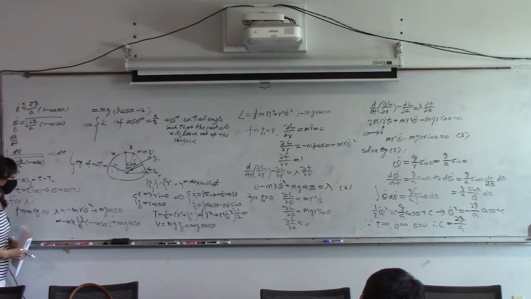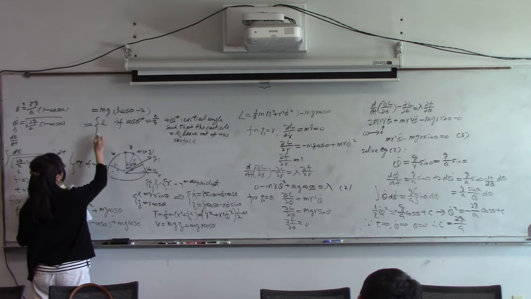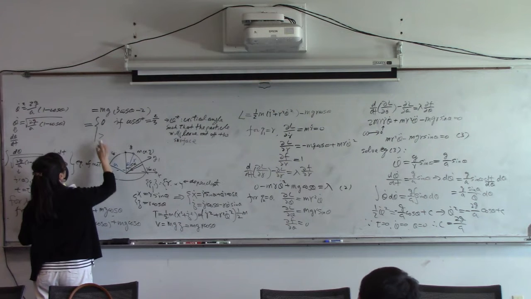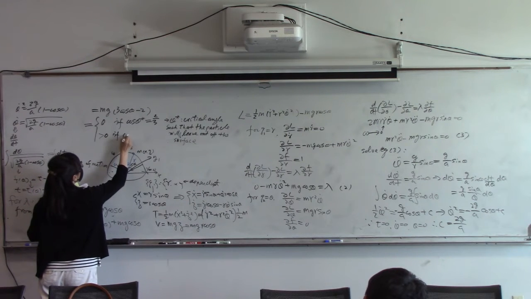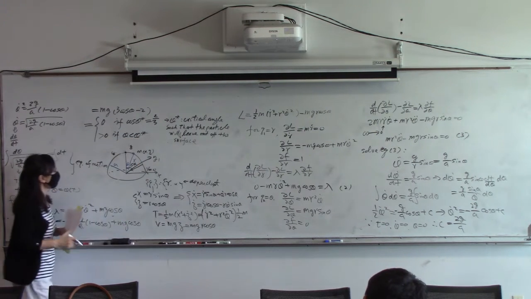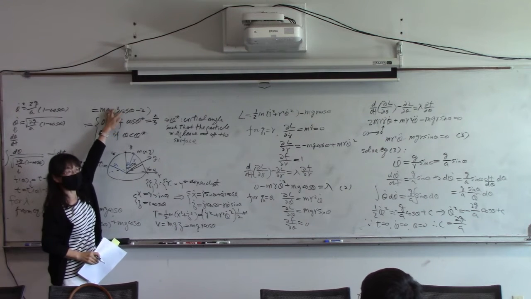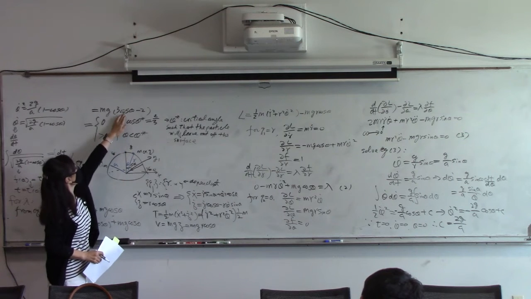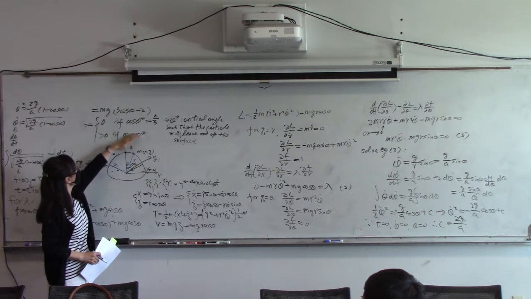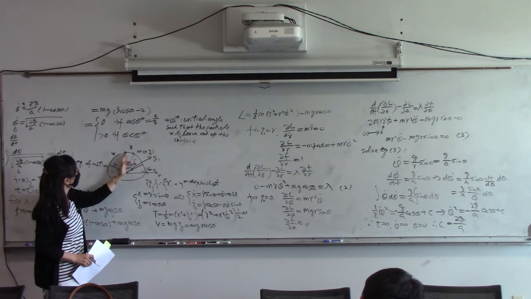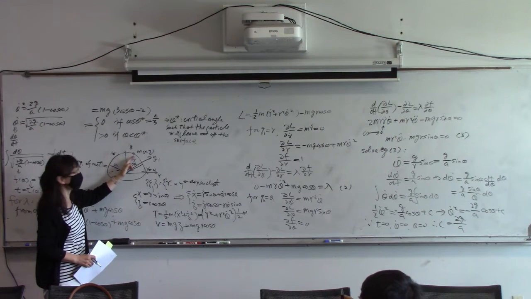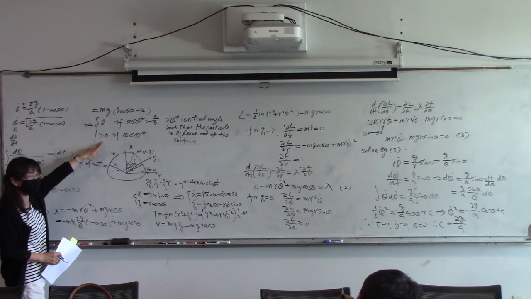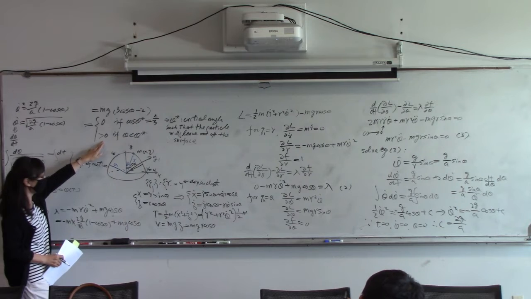That gives us this condition. Lambda is non-zero if theta is smaller than the critical angle, right? Cosine theta at 0 is 1, so it goes from 3 down to some number, but if the angle is smaller than this, the particle moves on the surface. If it moves on the surface, the lambda value is non-zero. Now we are going to discuss what this means. What is lambda?